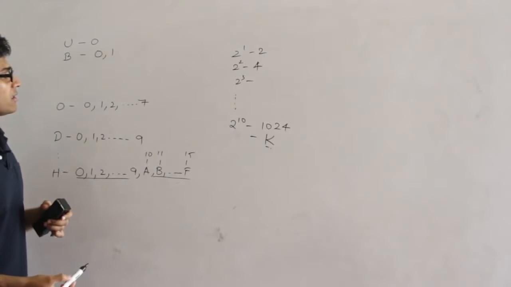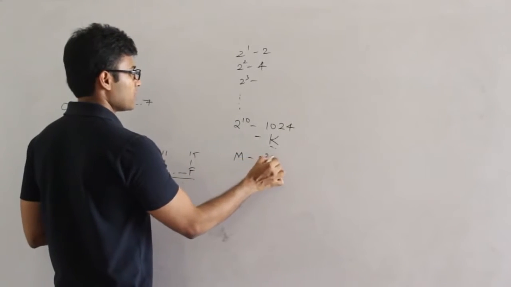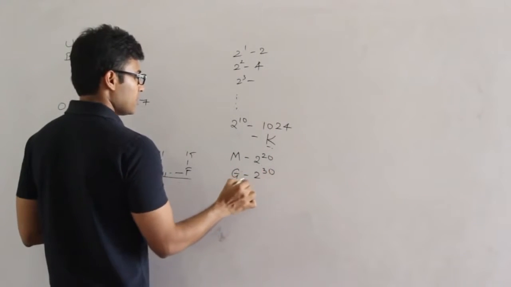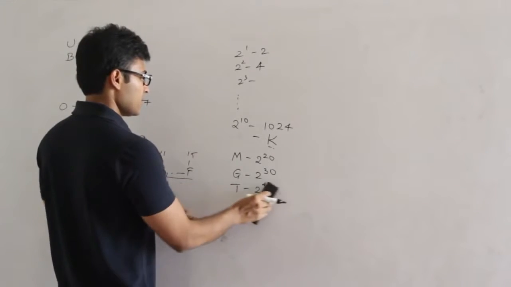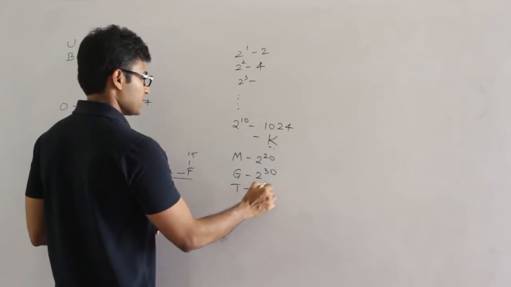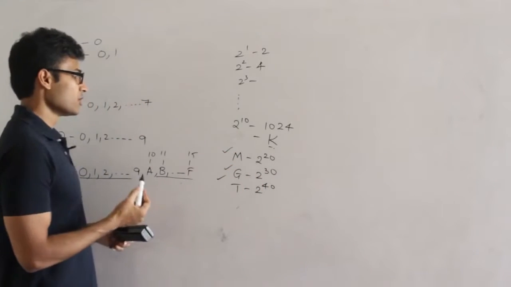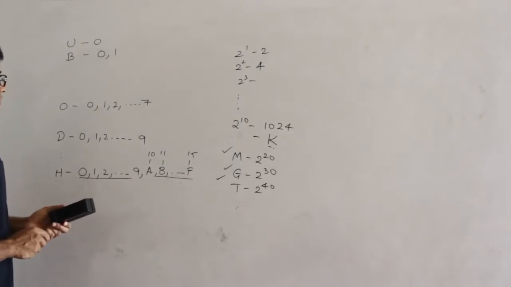Then M represents 2 power 20, G, giga, 2 power 30, T, tera, 2 power 40. So you should be very good with all these conventions and notations. What is M, what is G, what is T, especially in computer science, it is going to be very important. And we shall talk more about binary numbers later.